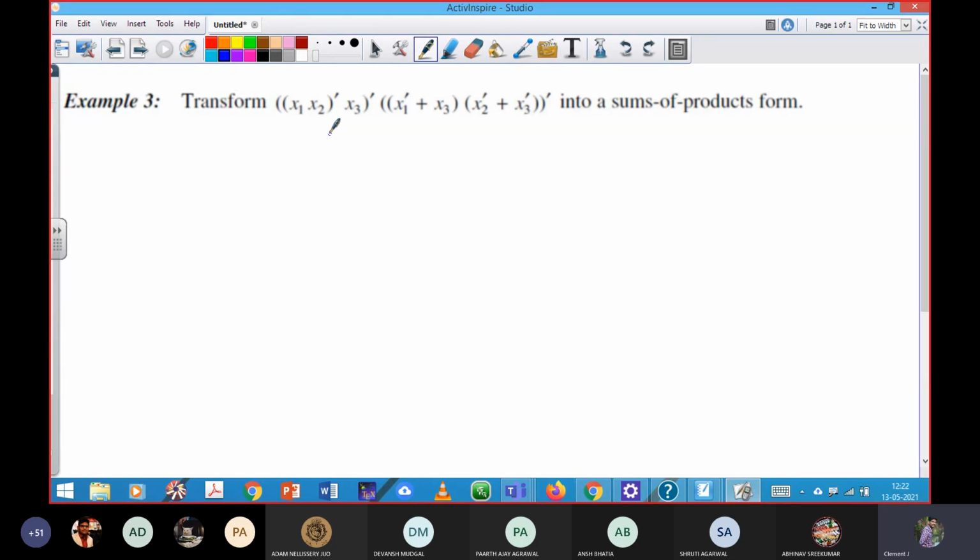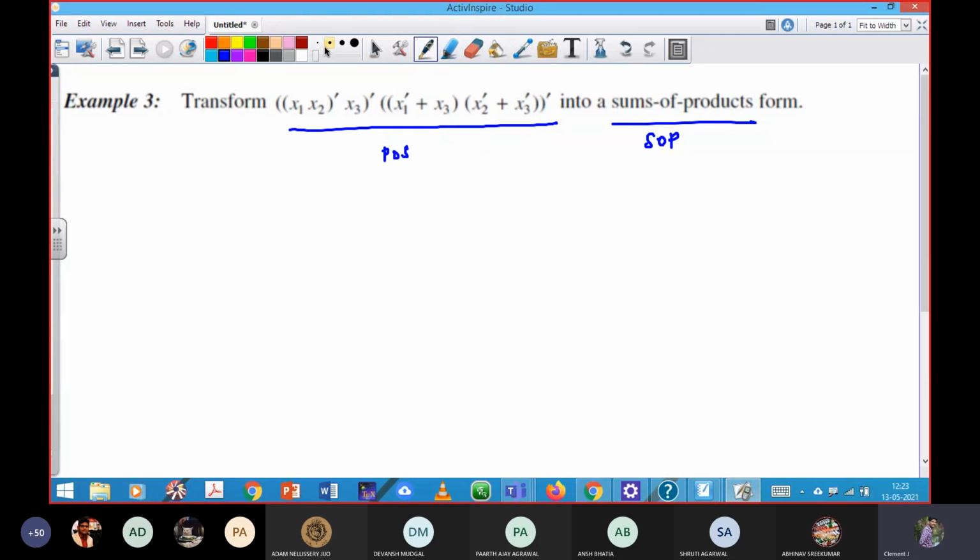In this, it is going to transform as SOP. SOP means sum of the product. Here it is of the form POS. POS means product of the sum.